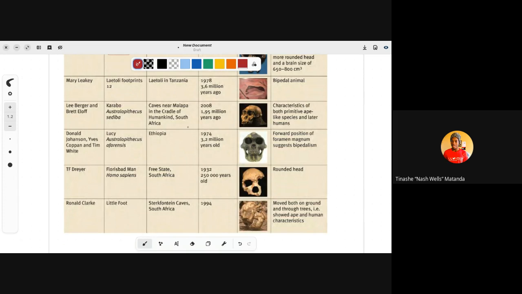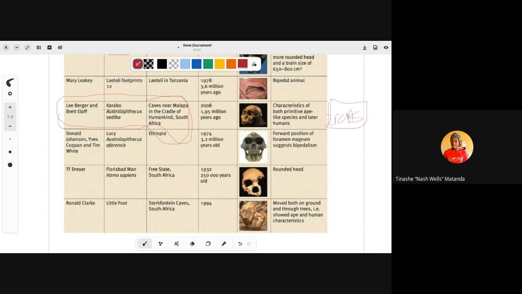So the idea is, when it comes to South Africa, there's this cave known as the Cradle of Humankind. This is where they found most of these fossils, and this is what makes this specific fossil very special. Karabo. Now, Karabo is known as a transitional fossil. Okay, this is the one that actually pushed us into the current times that we have. The birth of the homos started after this Karabo.